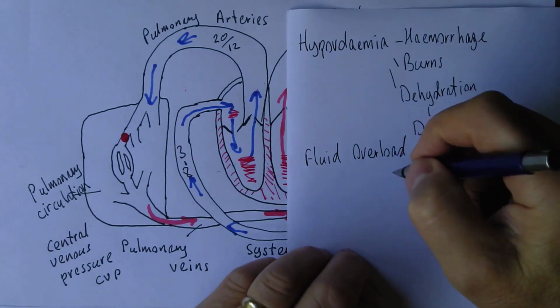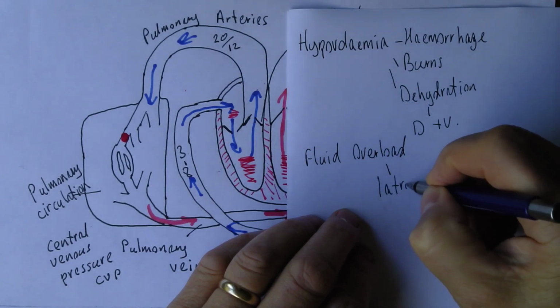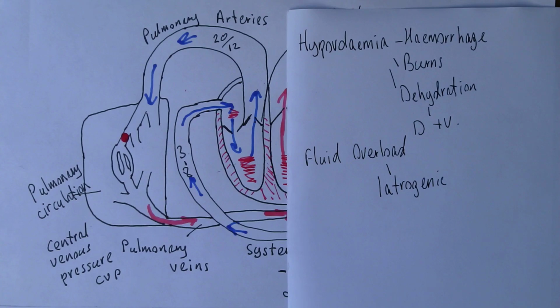This is usually caused by something that we do wrong in healthcare, so it's what's called an iatrogenic disorder. Iatros is the Greek word for doctor, genic is to begin. So something literally that begins with the doctor. So make sure we give the right amount of intravenous fluids.